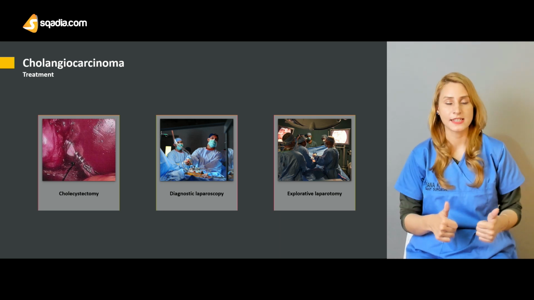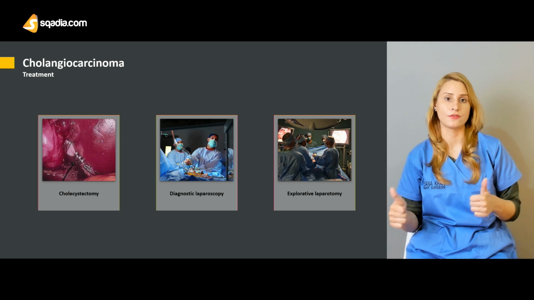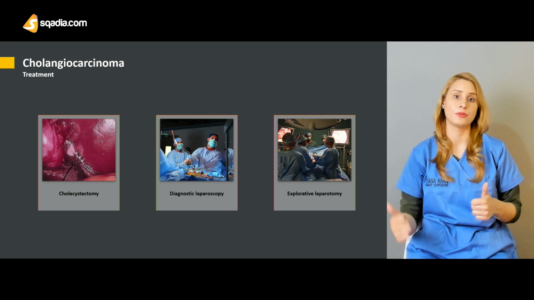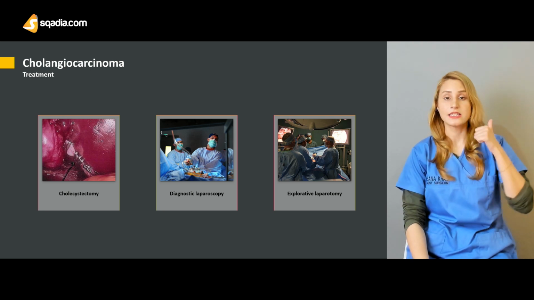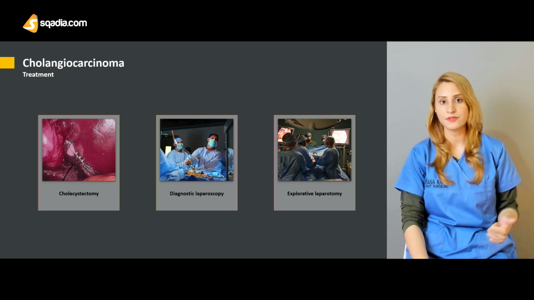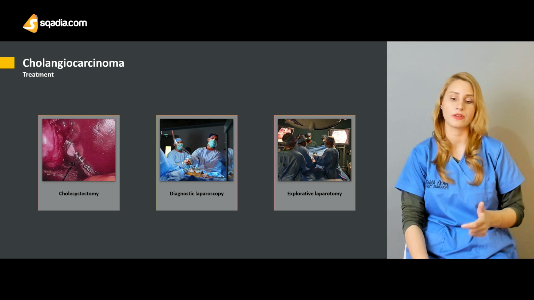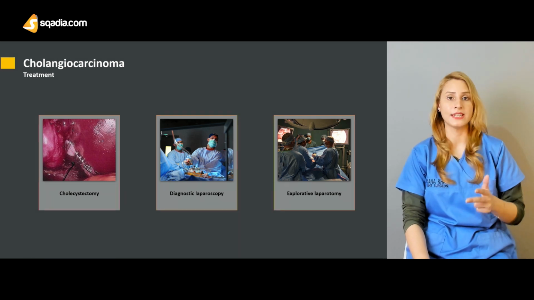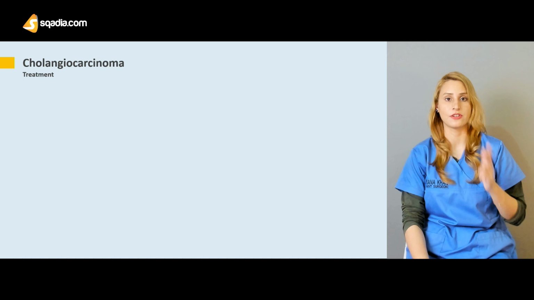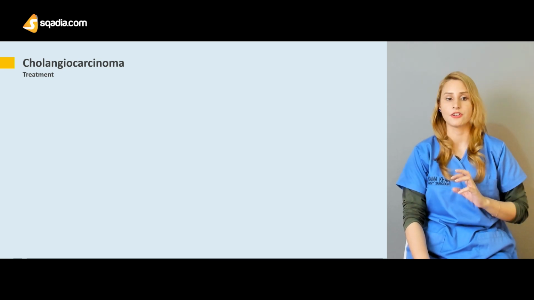And if the margins came out to be positive, then you have to go for re-resection, reablation, or put your patient on chemotherapy. So open or laparoscopic cholecystectomy, staging laparoscopy, which is diagnostic laparoscopy, and explorative laparotomy are the options which you have to consider for the cholangiocarcinoma.